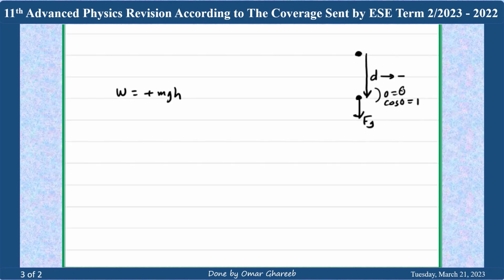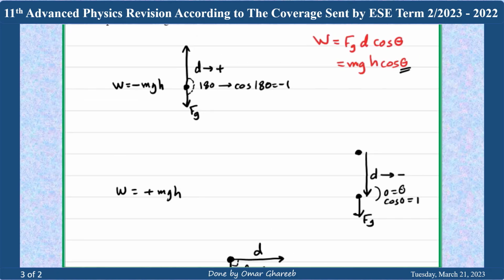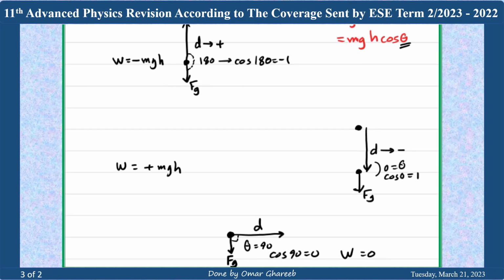At last, if you are lifting an object and then you are going to the right or left, this is the distance. The gravity is downward, so the angle is 90. And we know cosine 90 is 0. So the work done by the gravity, in this case, is 0. This is the full picture for the work done by the gravity.